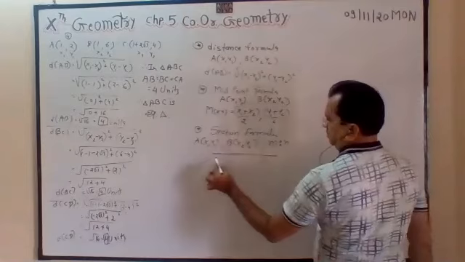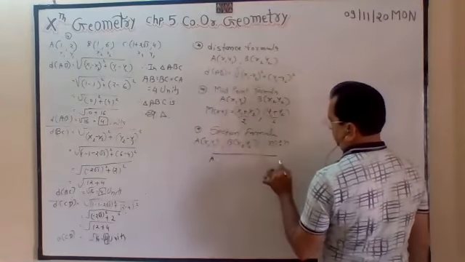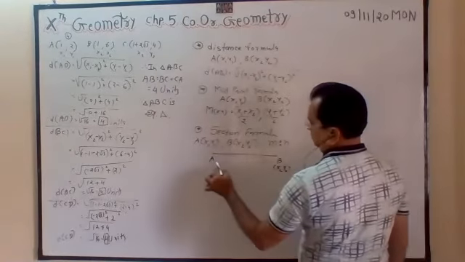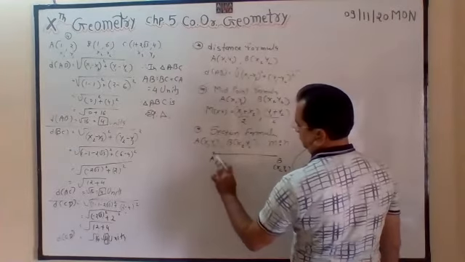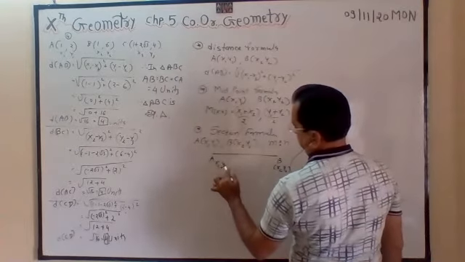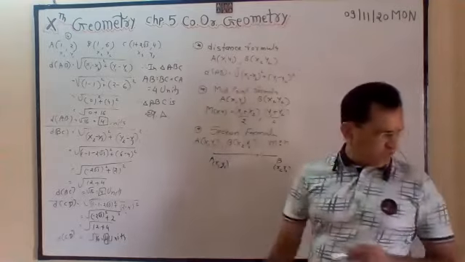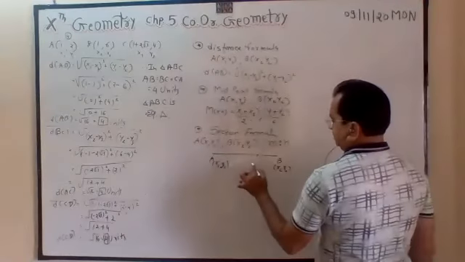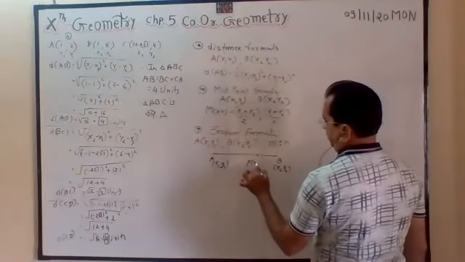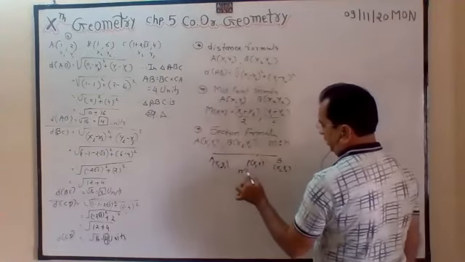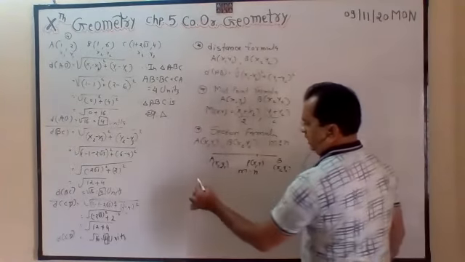For example, A is given, B is given, somewhere a point is here. That is the point x and y. This we have to find, in the ratio m is to n.